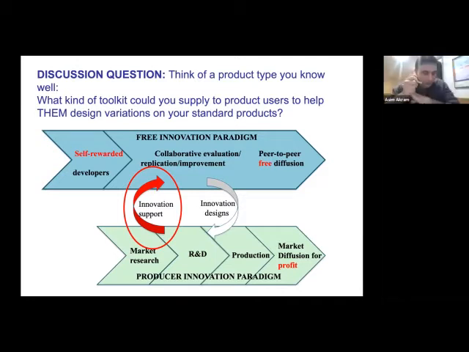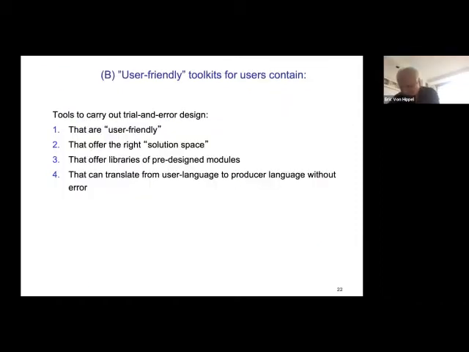So the question that I had, Professor, was that when you're building these toolkits, how do you anticipate all the different combinations that the users can come up with?